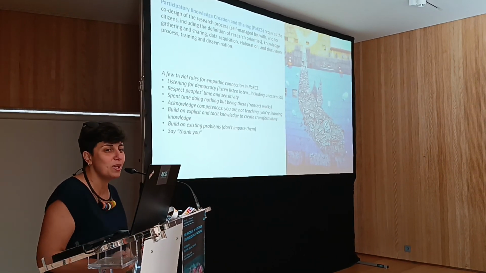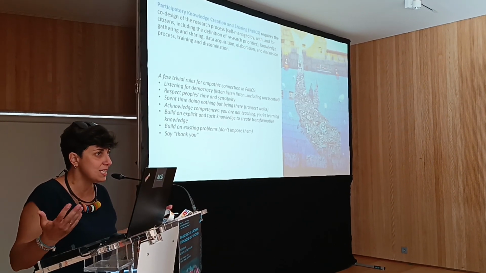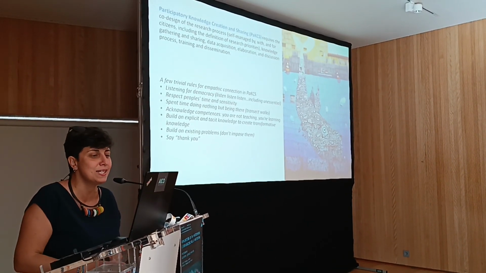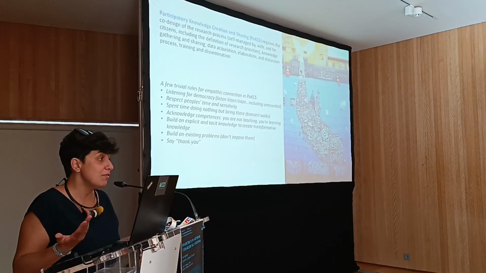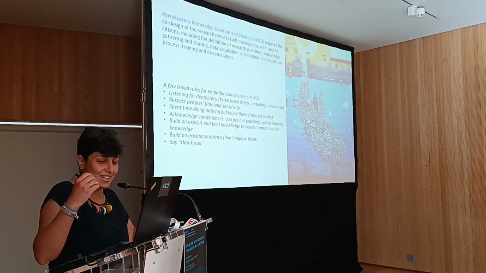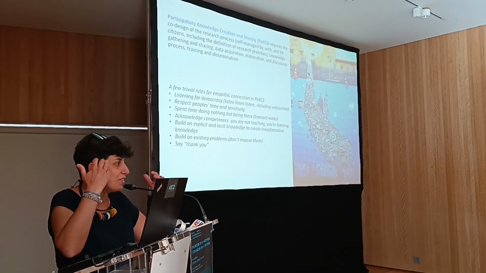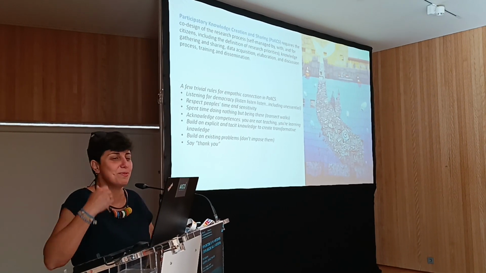So there are a few trivial rules that we can suggest for empathic connection in making participatory science, and especially citizen science. That includes listening, for instance. Listening is a key quality, again, for democratic societies. Sorry, but I have my background in political science, so these kinds of things, such as democracy, always come to my mind.